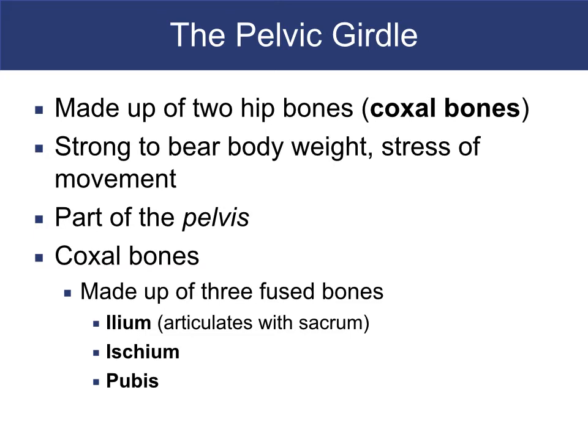Now, another point: despite the fact that in A and P we divide these between the axial and appendicular skeletons, remember that the pelvis is a solid ring, okay, in real life. So when you break your pelvis, it's like breaking a ring. You don't just break it in one place, you have to break it in 2 places. Make sense? And usually one place is a fracture, and the other place is oftentimes just a dislocation of this SI joint.